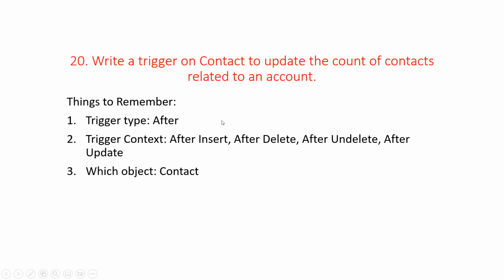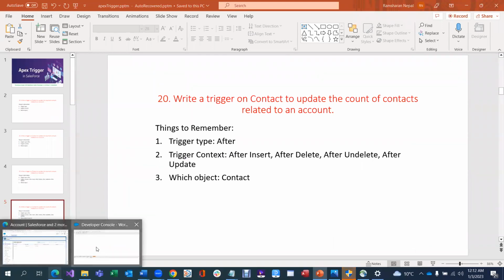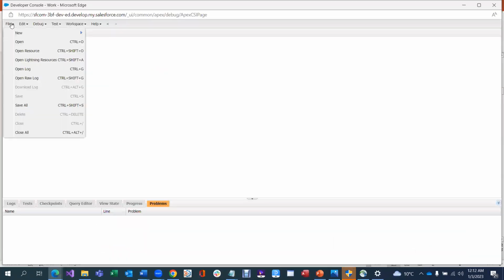So basically, we're writing a trigger on the contact object to update a field on the account object, a number that counts the total contacts related to that particular account. So without delaying, let's go to the developer console and start writing the trigger.